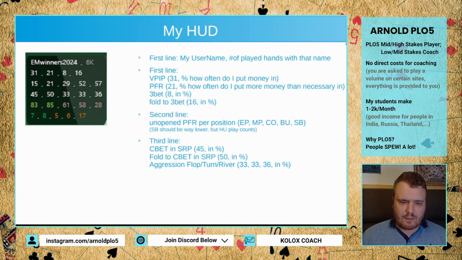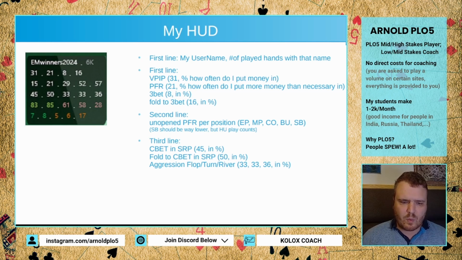Then the first line shows 31% of hands I'm playing, VPIP, which is probably a little bit lower, but because the heads up stats are also in there, which tilts the numbers upwards.